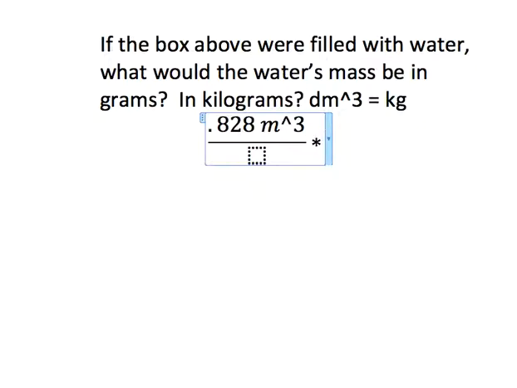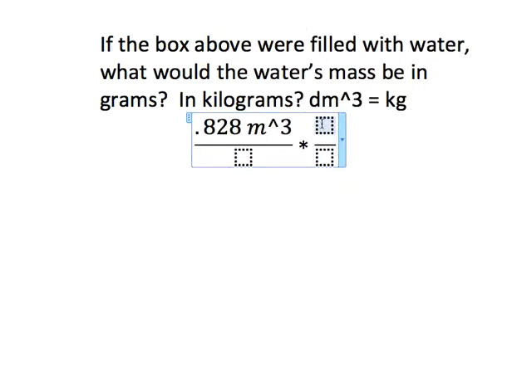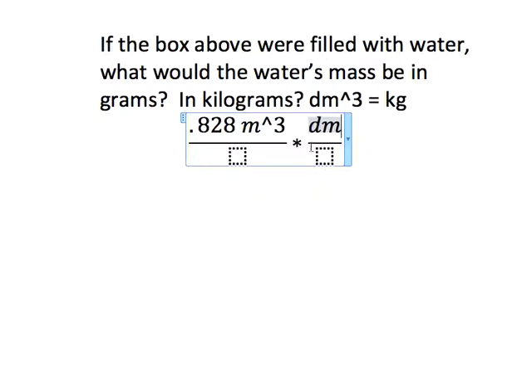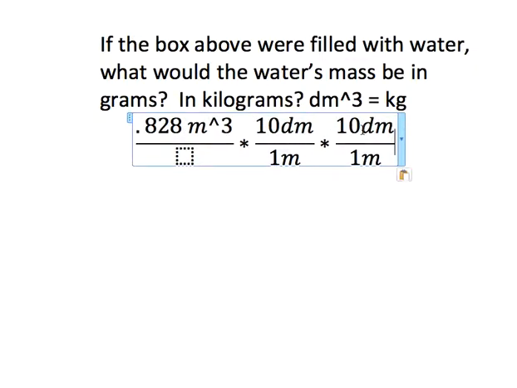And since this is in the third dimension, like I had mentioned before, we actually have to do this 3 times. So I've got a decimeter on top, a meter on the bottom. Meter is the larger unit, takes 10 decimeters, and I need to do this another 2 times because I got rid of 1 meter doing it this way, but I've got meters cubed.